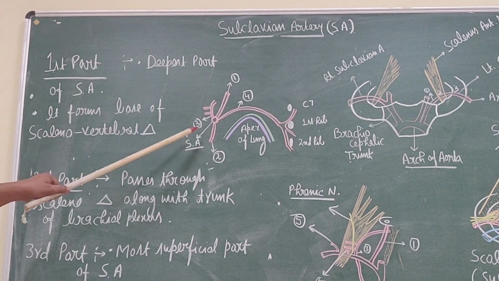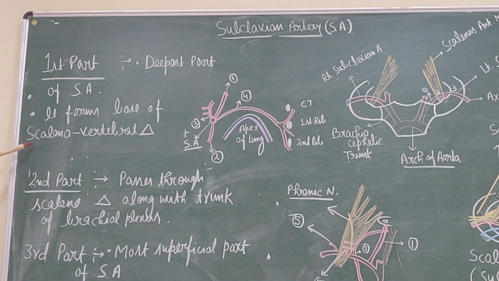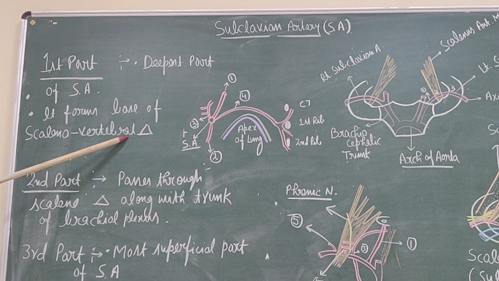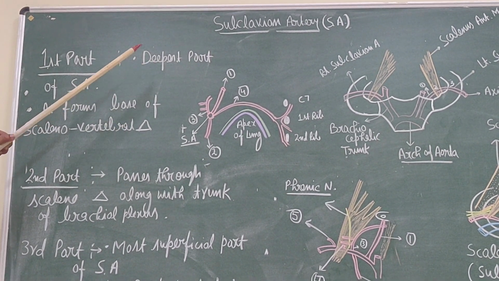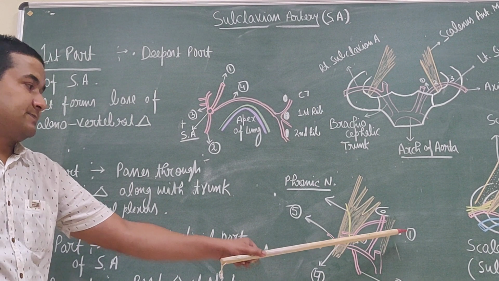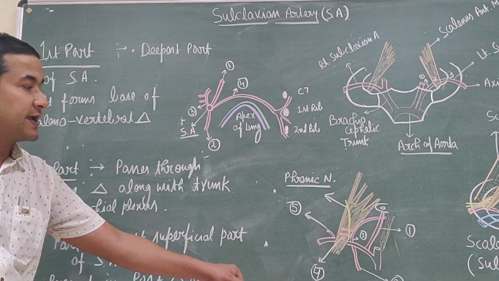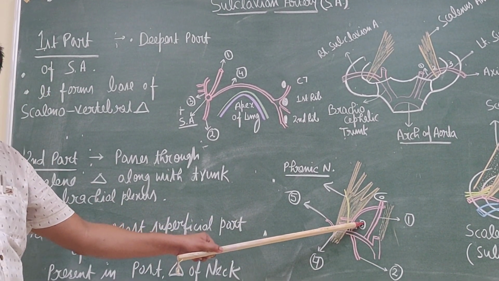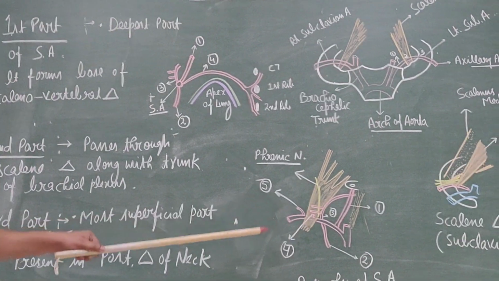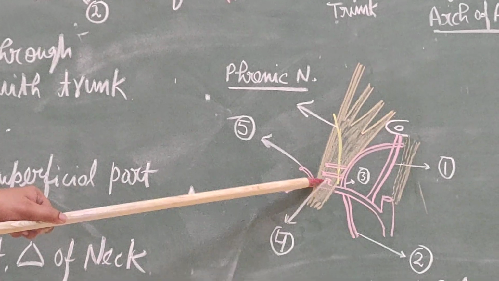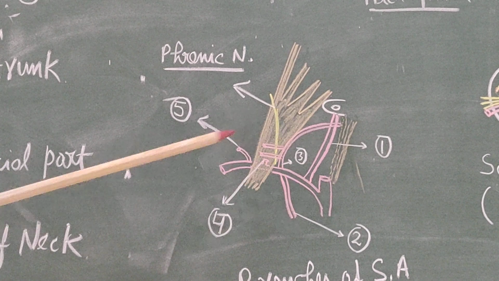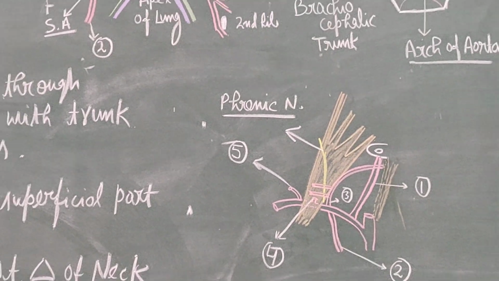It will be discussed later on. So this first part forms the base of the scapulovertebral triangle, and it is the deepest part, and it gives the three branches, first, second, and third, on the right side, while on the left side the costocervical trunk also takes origin from the first part. Now the second part.